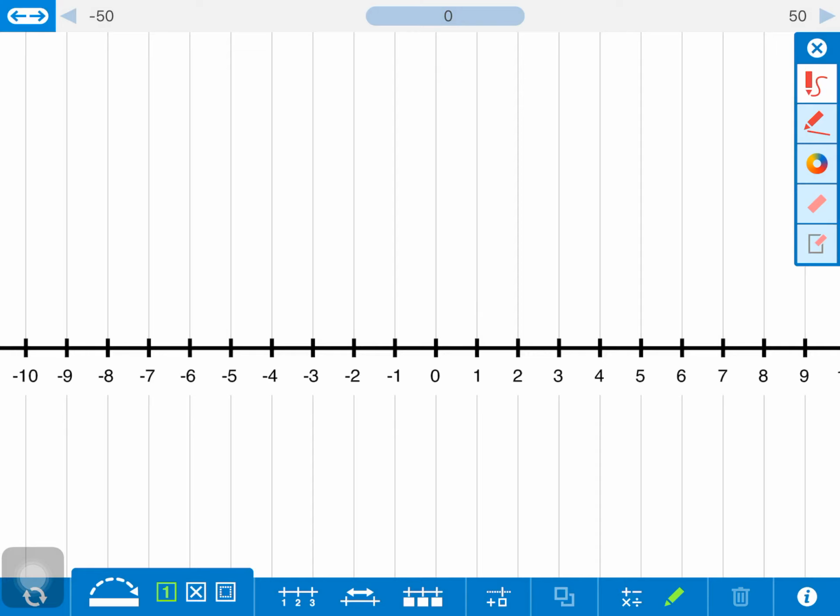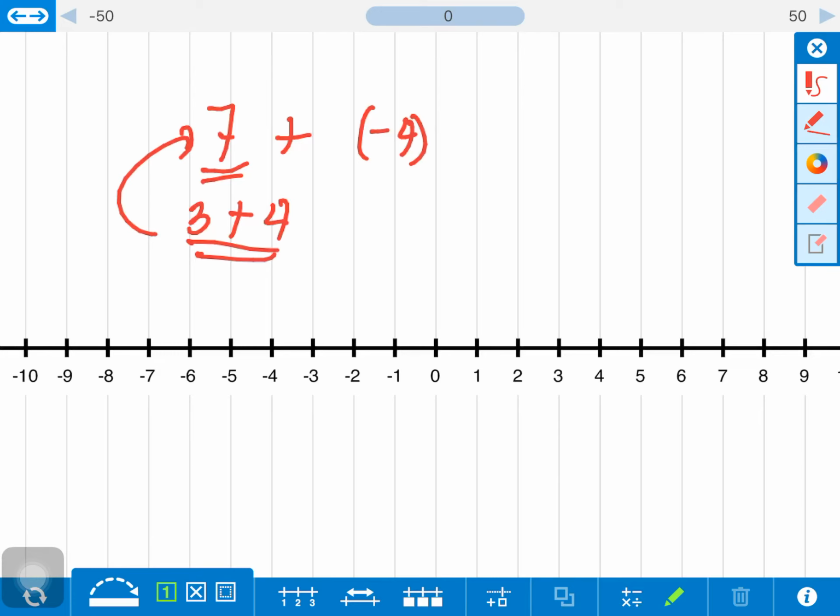Alright, now moving on. What if we are adding, for example, 7 plus negative 4? How do I use the concept of the magnet, which says opposites attract? Well, 7 can be broken down as 3 plus 4, because it's still 7 by virtue of closure property.